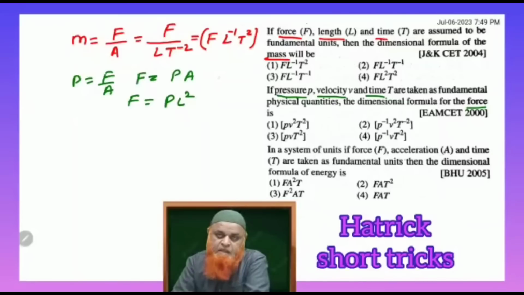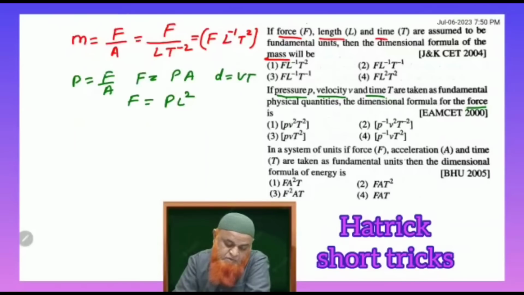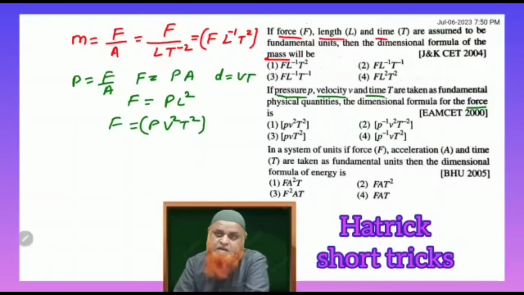L square. Area means L square. You know length is nothing but displacement. Displacement is equal to velocity into time. So here instead of displacement d, we can take length here. Length means you can substitute v into t here. So therefore F is equal to pressure. Instead of L we write v square t square. Your formula is ready. Let us go for the third problem.